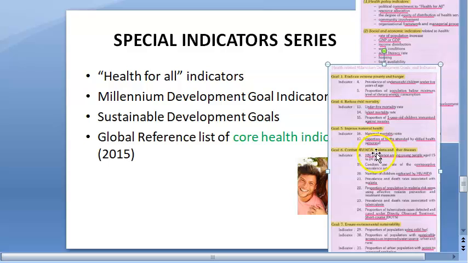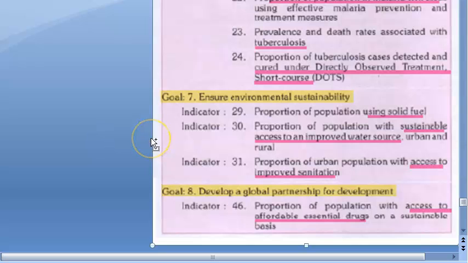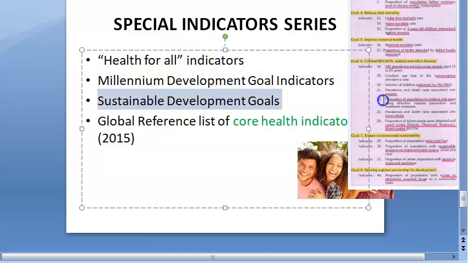Then they want to have environmental sustainability and develop a global partnership. Sustainable Development Goals: by 2030, they want to end preventable diseases, end the epidemics of AIDS, reduce premature mortality, and reduce global maternal mortality. They have some targets also set.